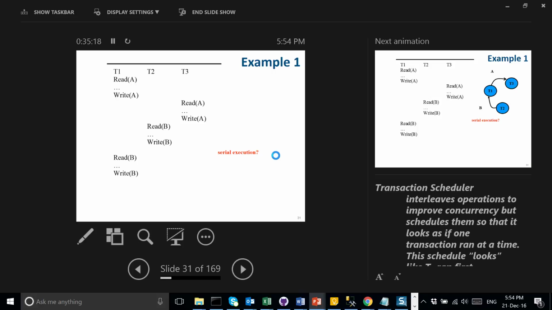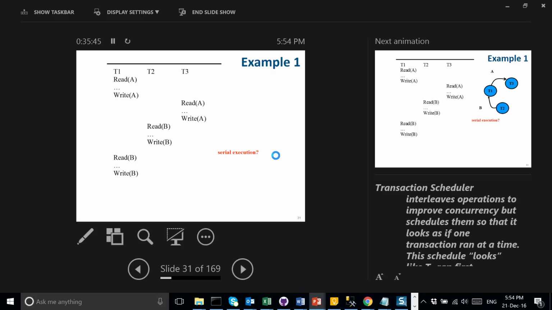And then it basically wants to write B, change it, update that record. So it will need to ask for an upgrade. In this case, it already has a shared lock. It will ask for upgrading to exclusive, so it will ask for an exclusive lock on B. This will be granted because the shared lock is held by the same transaction, no problem.